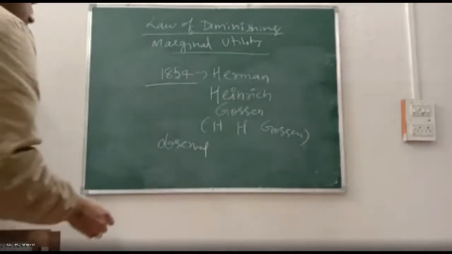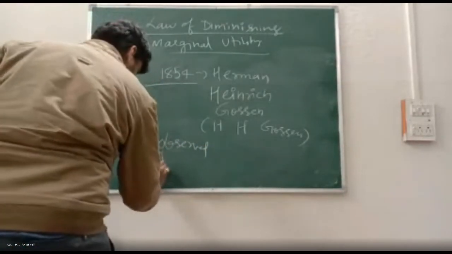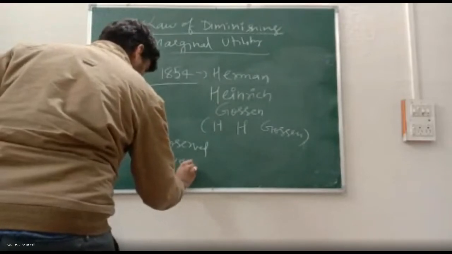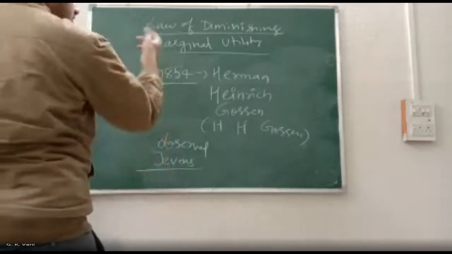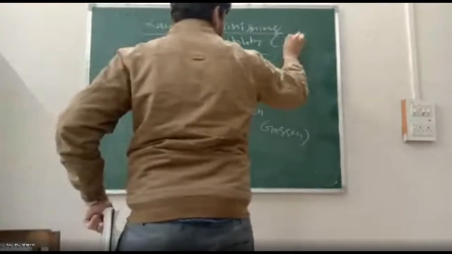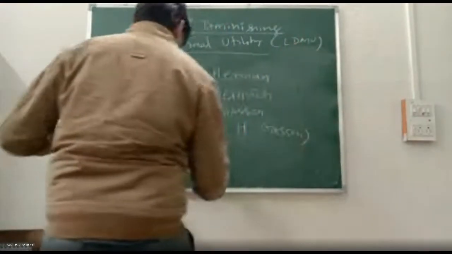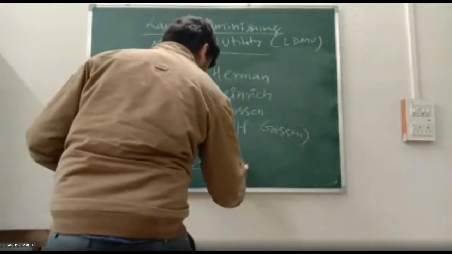Accordingly, the great economist JNKVV named this law of diminishing marginal utility, LDMU, as Gossen's first law.